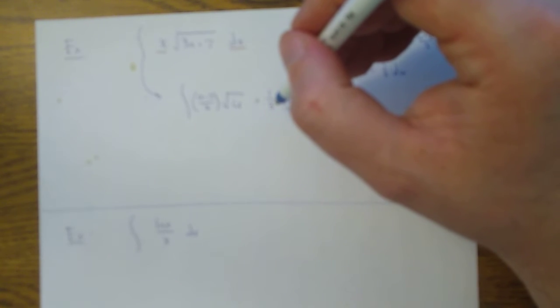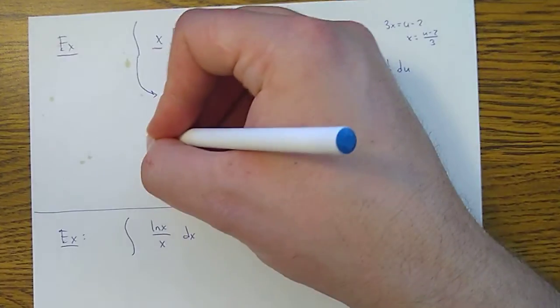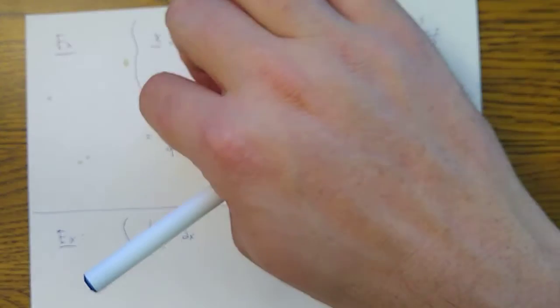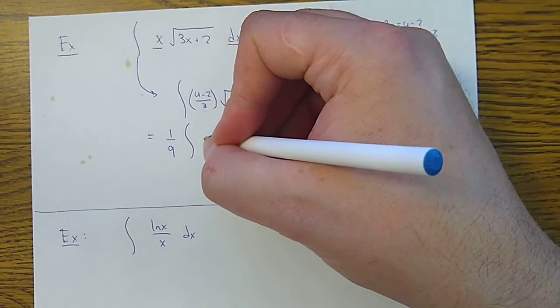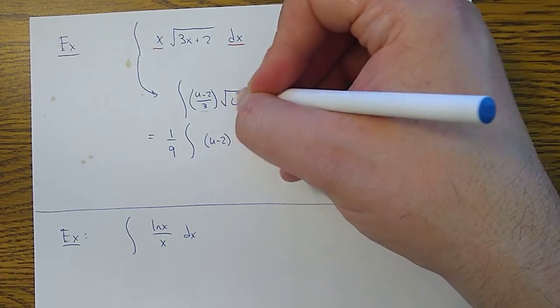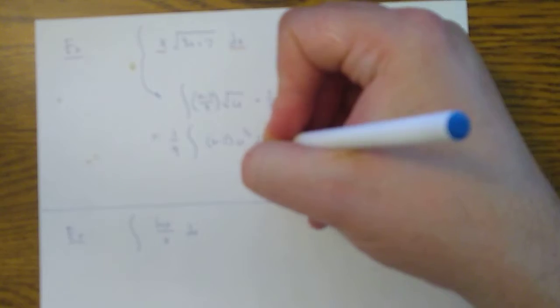And this one's not so easy, but I have this 1/3, and the 3 in the denominator here is like another 1/3. So I can say 1/9 because I can pull a constant outside of the integral. And then it's u minus 2 times the square root of u, which let me change that to u to the 1/2 power.